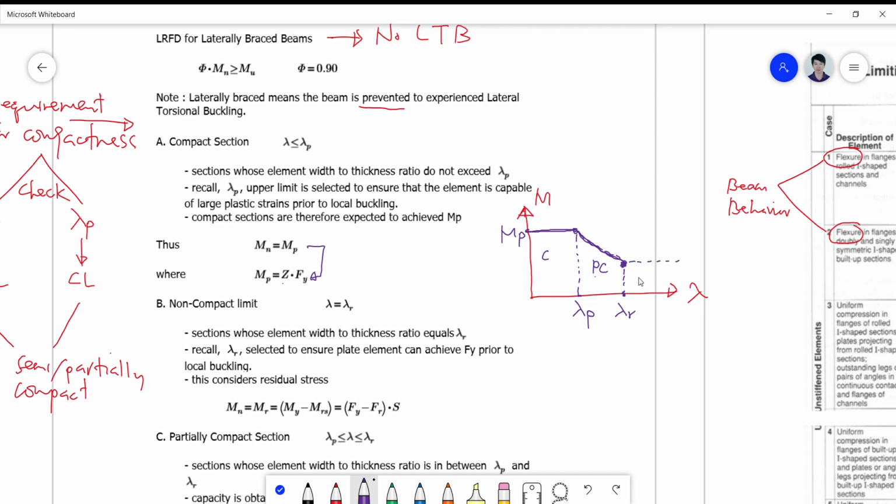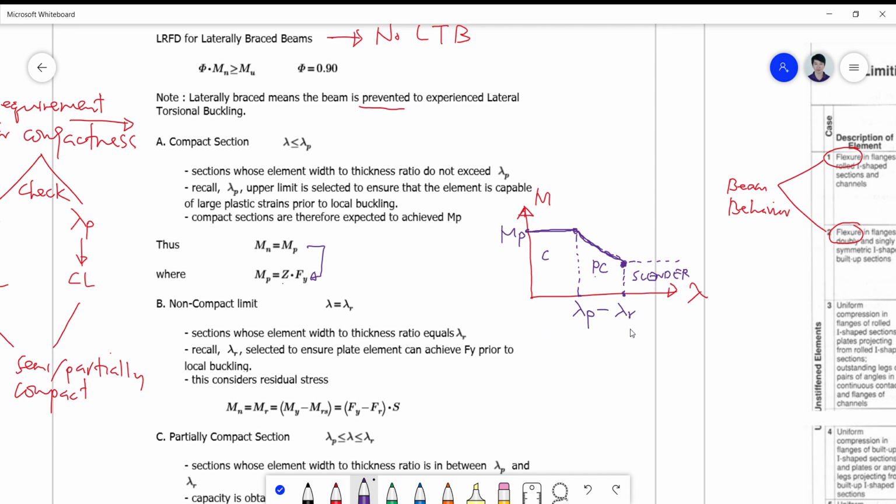The partially compact and the slender behavior will be referred to in this particular value of lambda r. Okay, so the conditions are such that the sections whose element width to thickness ratio equals lambda r therefore define the behavior upon which your partially compact section and slender section is defined.